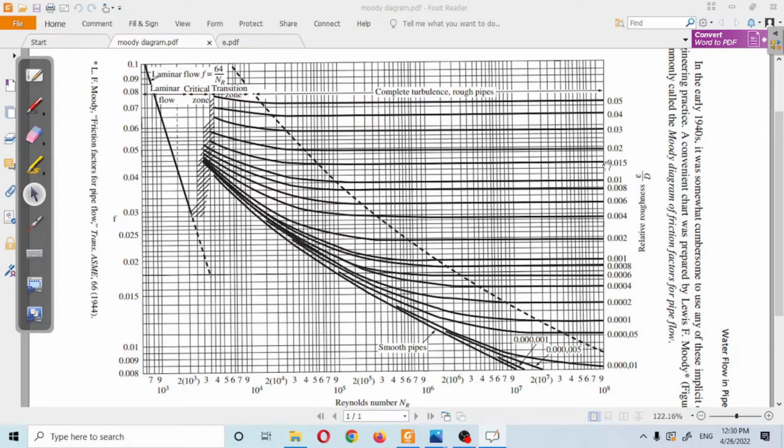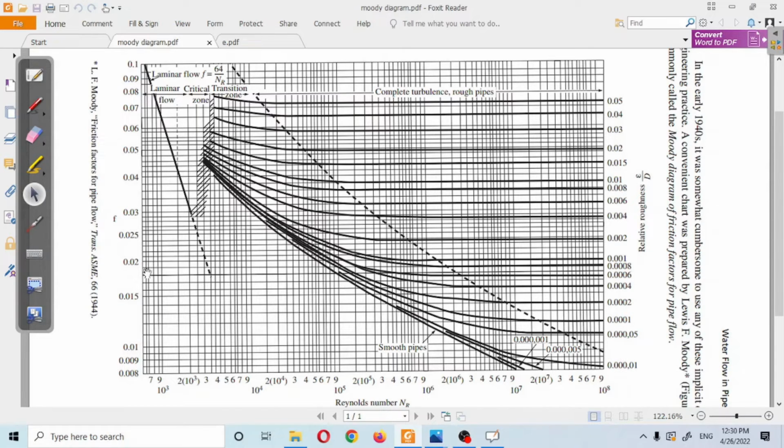So if, for example, the roughness is 0.015 and we have 5 times 10 to the power 7, it doesn't matter if we have 5 or 3 or 9. Now in this example we have 0.0065, so something in between. We can go ahead and read it, so it's somewhere in here.